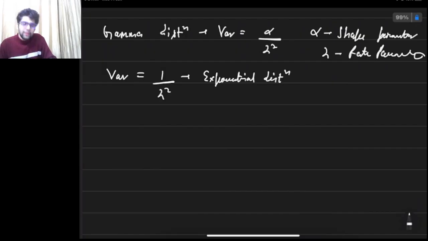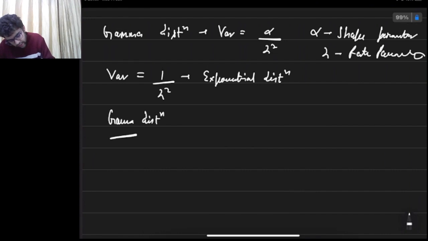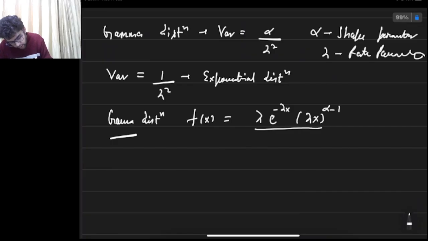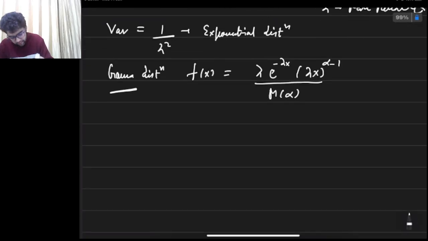And what is the PDF of gamma distribution? The PDF of gamma distribution was f of x equal to lambda e to the power minus lambda x, times lambda x to the power alpha minus 1, upon gamma of alpha, right? This was the PDF. Now if my alpha is equal to 1, what does this mean?